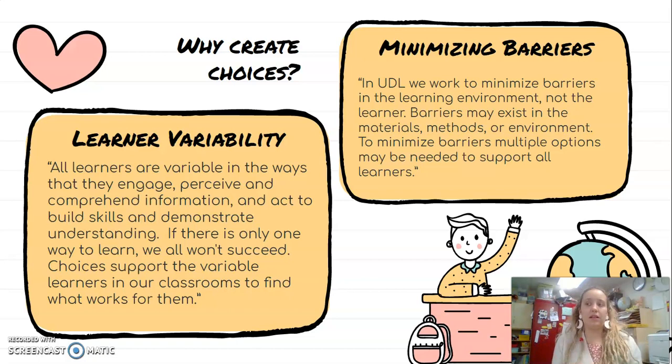So people need different things and different strategies to lock in that information for them. The choices also, to add on to that, will increase that ability for the students to learn because they'll get to choose which style works best for them, right? So minimizing barriers and learner variability all come together to help students learn.